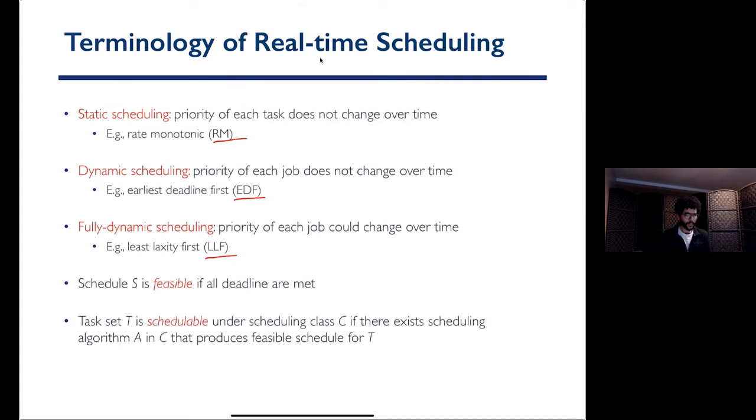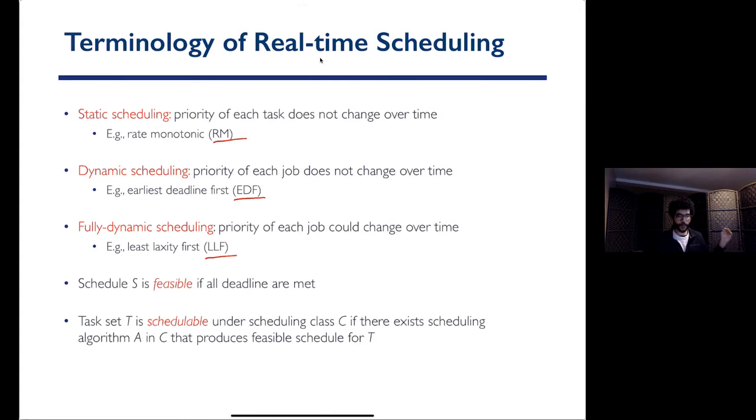Now a task set, basically a workload. Let's say I give you a set of tasks with certain period, with certain execution time, and with certain deadline. So this becomes your workload. Now I say this task set is schedulable under this scheduling class if there exists a scheduling algorithm in this class that could produce a feasible schedule for this workload.